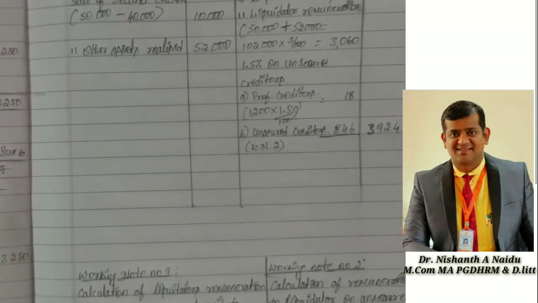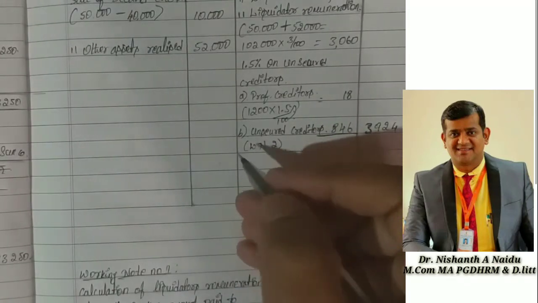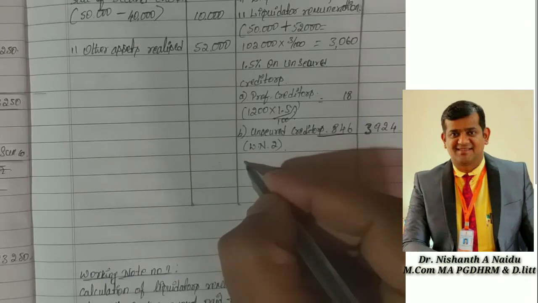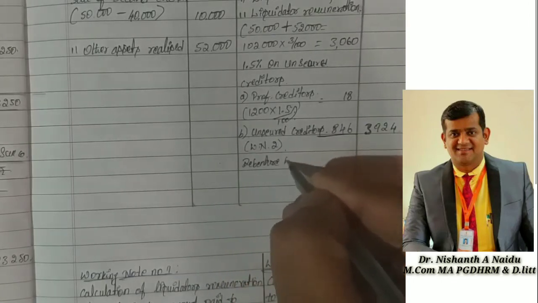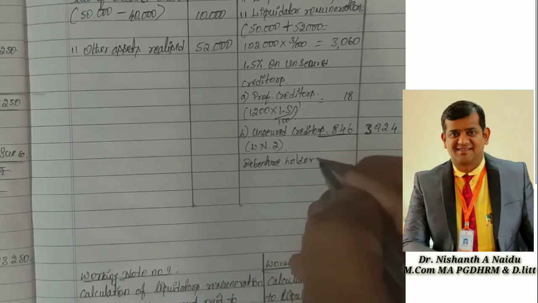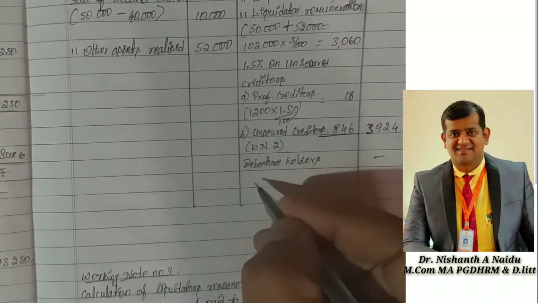Okay. So now debenture holders, do we have any debenture holders to pay? No, right? But still we mention debenture holders nil, since there is no debenture holder in the problem.